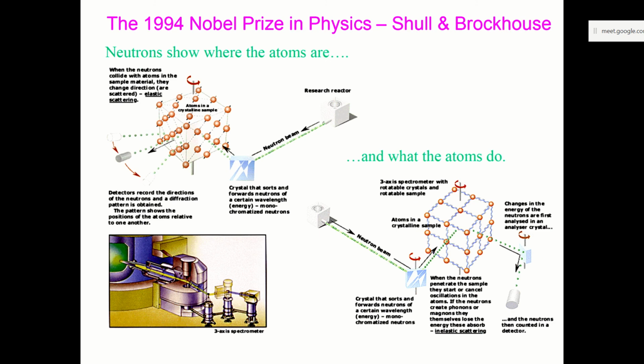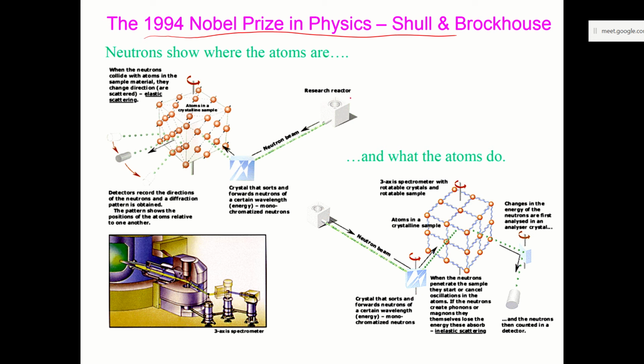In 1994, the Nobel Prize was given to Shull and Brockhouse for the discovery that neutrons can be used for diffraction studies. Through this diffraction, you can get to know the crystal structure, not just of the typical ionic crystal or silicon semiconductor crystal, but also biological samples, which are rather difficult to study by X-rays and other methods. So neutrons are very useful that way.